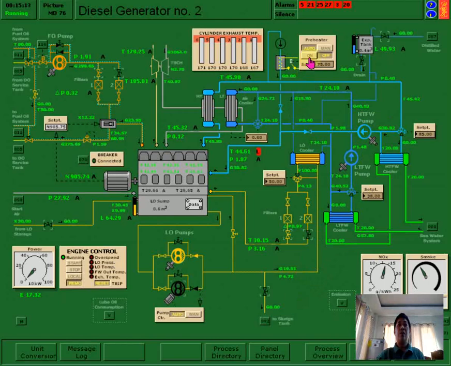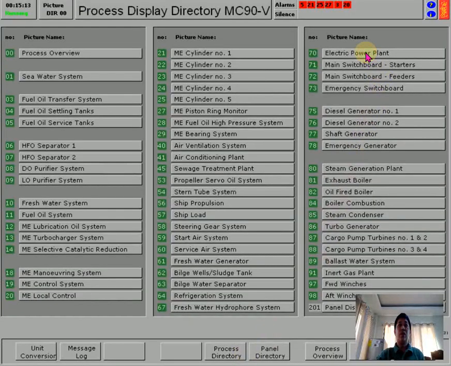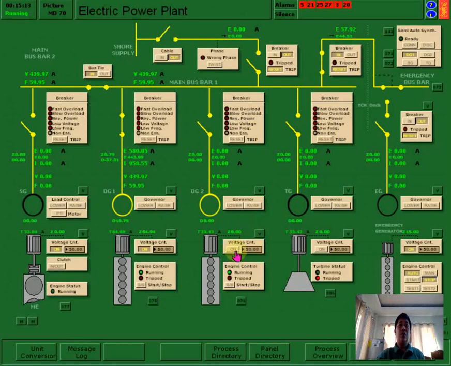I already put it in auto here, and I check the voltage controller. It's not responding yet, so let us wait.